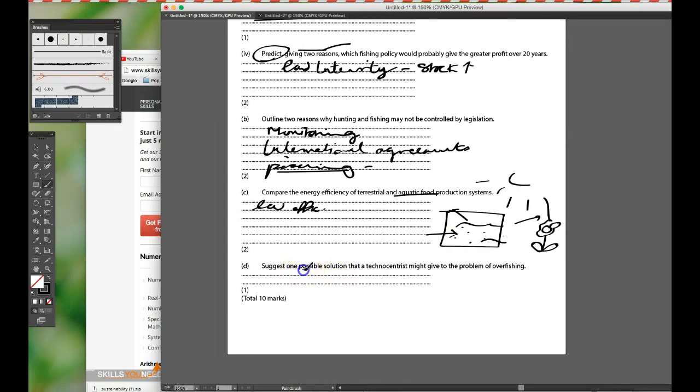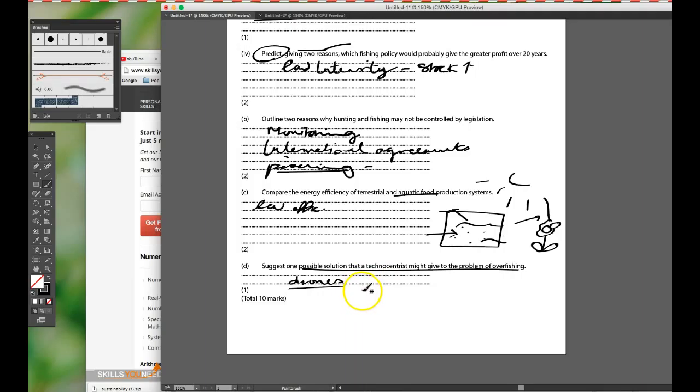One possible solution that a technocentrist might give to the problem of overfishing. So really solving any of the problems we have with overfishing, we could look at fish farming, aquaculture. We could look at monitoring systems, perhaps using satellite, using drones. This is a new big thing that conservation biologists are using to monitor poaching and also to look for endangered species, as they can use drone technology to search and monitor wilderness areas.